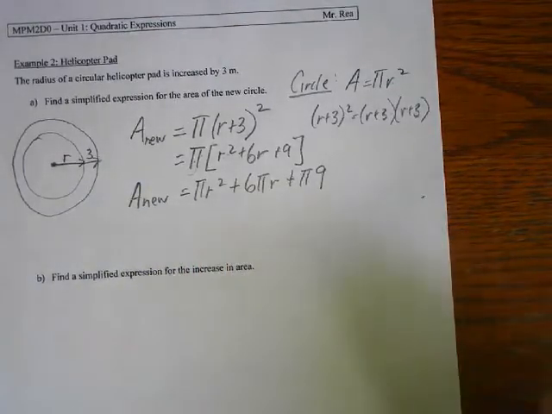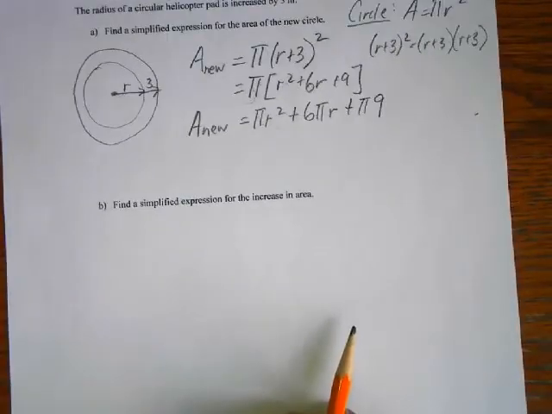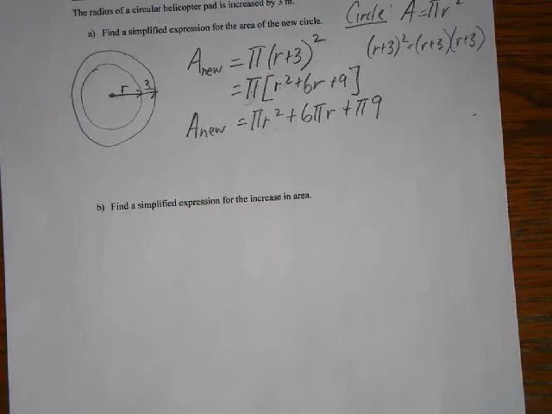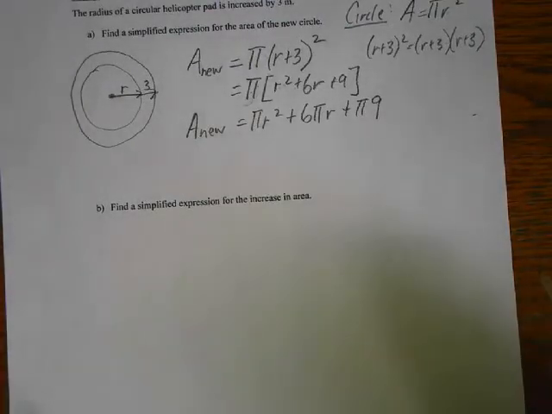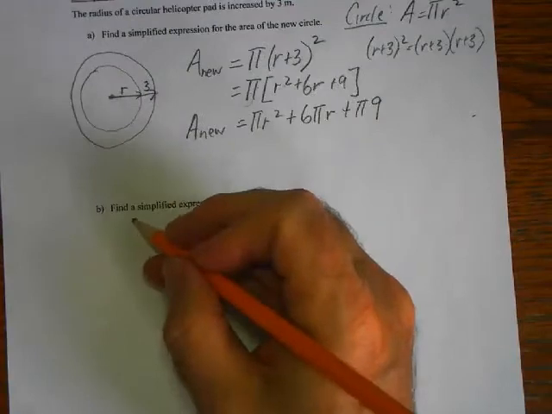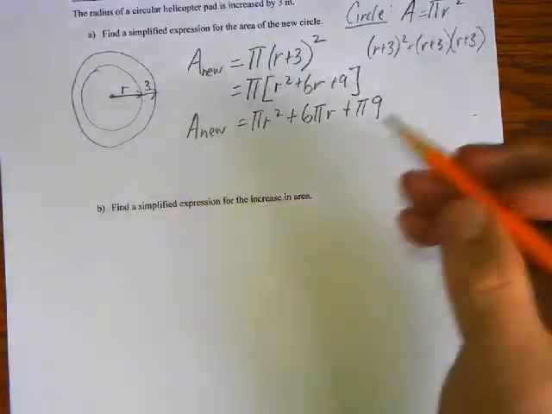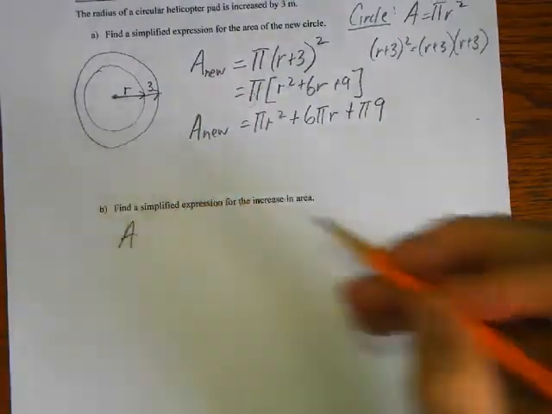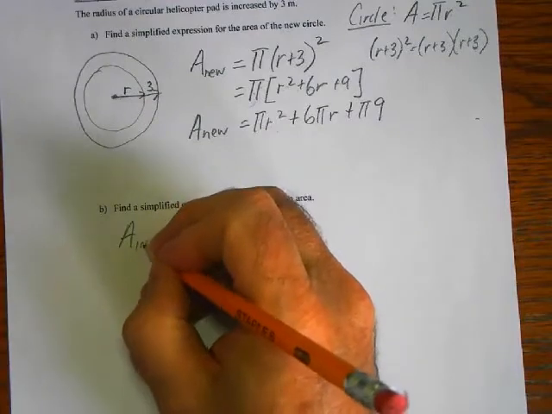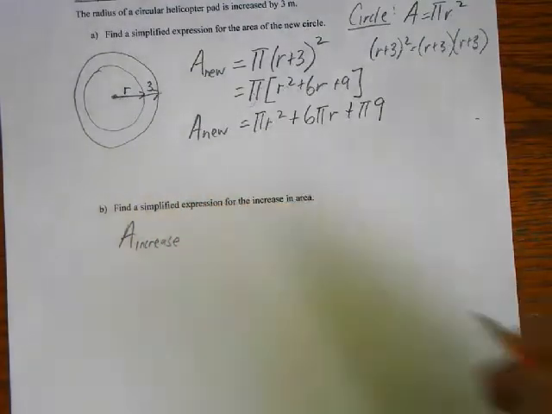Okay. So second part, this is probably the more interesting part. Find a simplified expression for the increase in area. So by increasing it by 3, how much bigger did it really get in the area? All right, so again, I'm going to talk about area. So this is like a third area. The increase in the area is what we want.